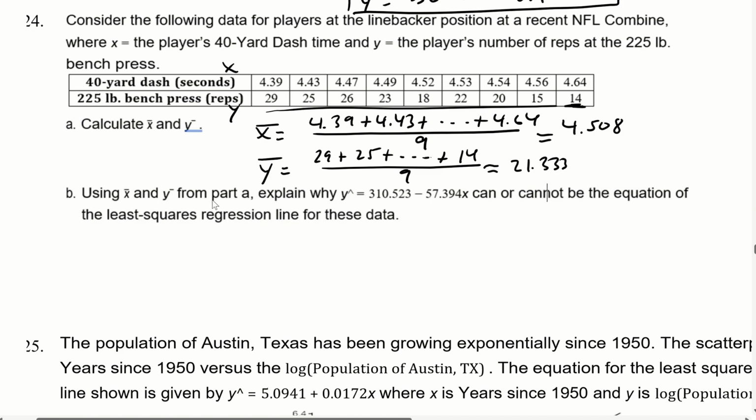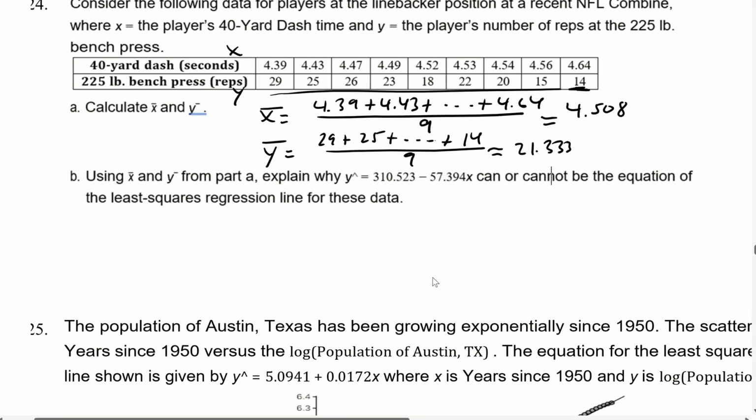Now, using x bar and y bar from part A, explain why this equation can or cannot be the equation of the least squares regression line. What we have to see is, if I plug x bar into this equation for x, will I get y bar? If I don't get y bar, then this cannot be the least squares regression line, because the least squares regression line has to have the point (x bar, y bar) on it.